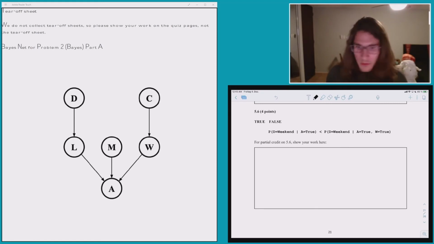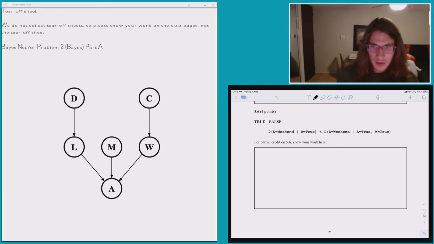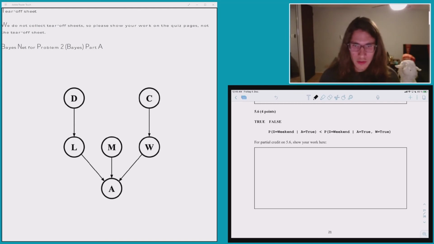So yet another one, actually no, this is not a d-separation one. This is explaining away. So this one was a little bit contentious.